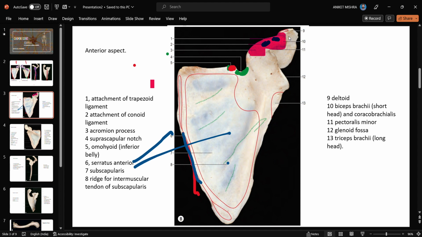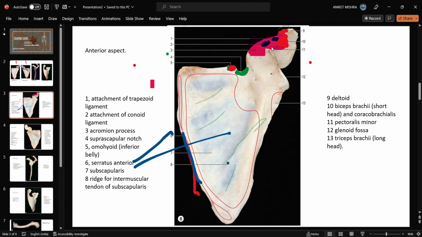Another one is the deltoid. The deltoid muscle is present here. The short head of the biceps brachii and the coracobrachialis are originating from the same place.